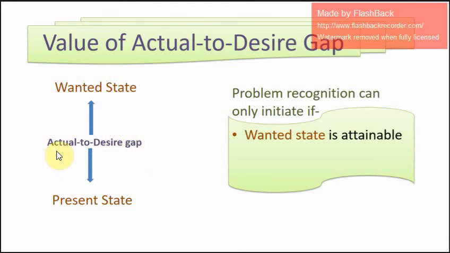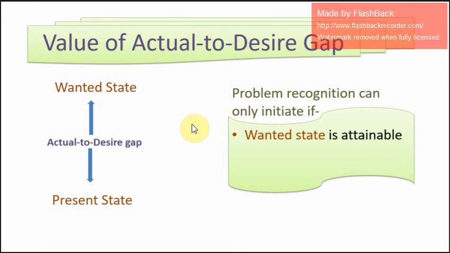When the gap is too large, the consumer may not really want to close this gap, or may not be capable of filling this gap by buying any product or service. And in this case, the consumer may not buy anything. That means problem recognition will not initiate.